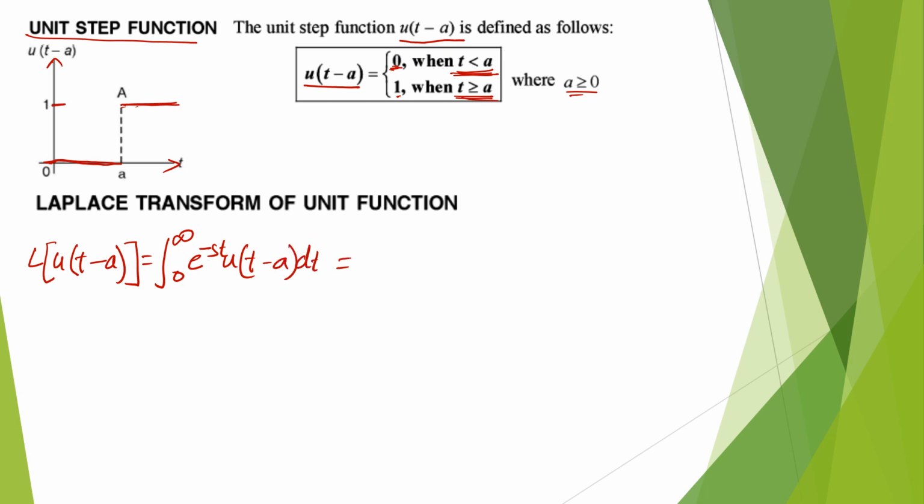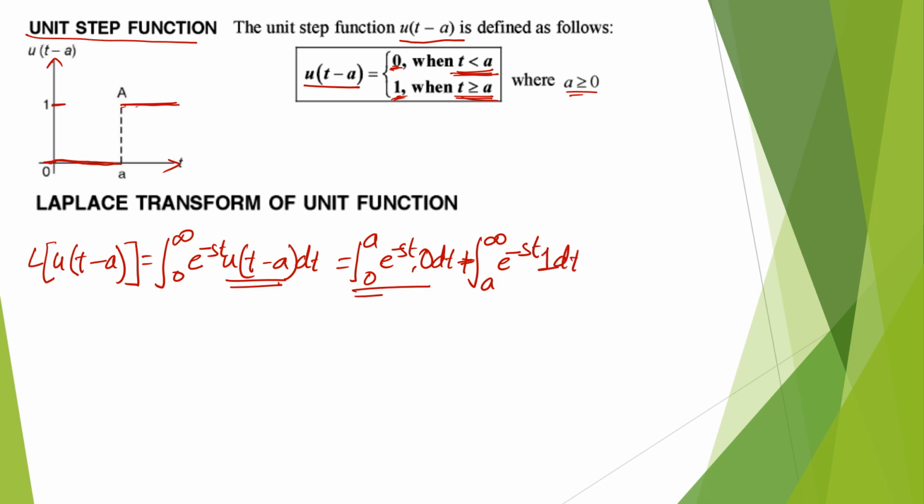Because the function has two values, 0 and 1, this is integration from 0 to a of e to the power minus st times 0 dt, plus integration from a to infinity of e to the power minus st times 1 dt.